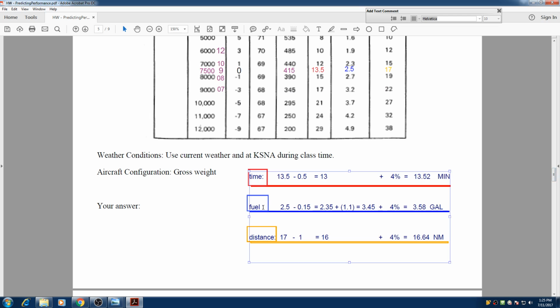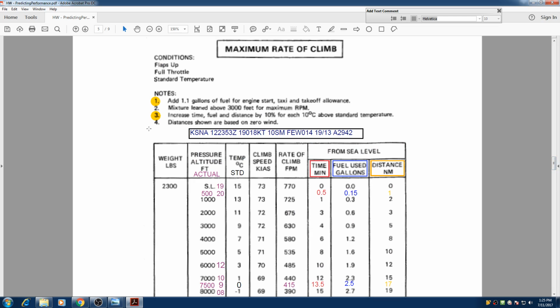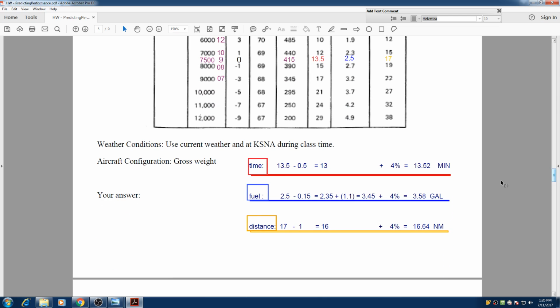And then for fuel, we have to do a further step, which is adding 1.1 gallon based on note number 1 right here. It says add 1.1 gallon of fuel for engine start, taxi, and takeoff allowance. So we're going to add 1.1 gallon to our number.